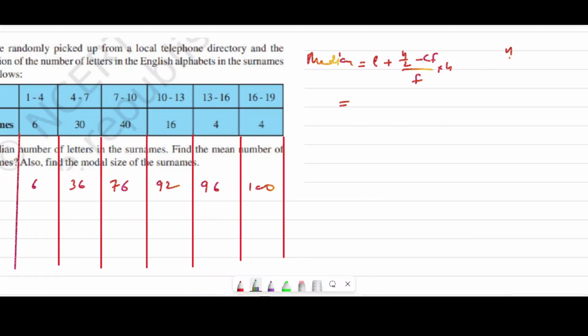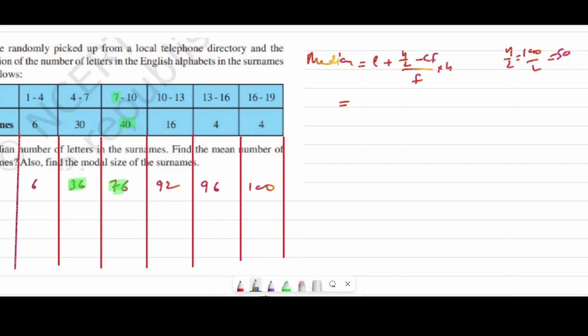Here n by 2, that is 100 by 2, that means 50. Where is 50? Here, in 76, that portion. Clear? So will this be useful? No, because we have written the preceding frequency, since we are working left to right, so that will be 36. Okay, so this will be useful.